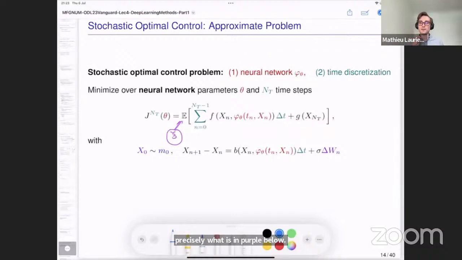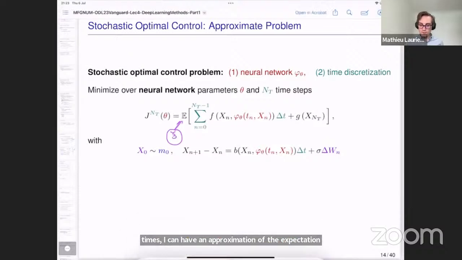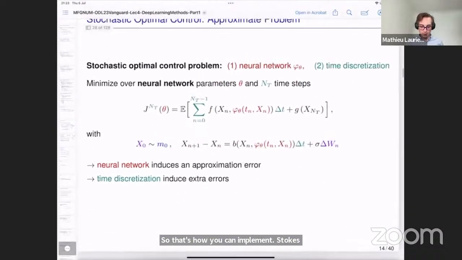So if you give me x0, you give me a collection of increments of the Brownian motion, then I can compute one realization of this cost. If I do this many times, I can have an approximation of the expectation. So that's how you can implement stochastic gradient descent to minimize the cost for an optimal control problem.